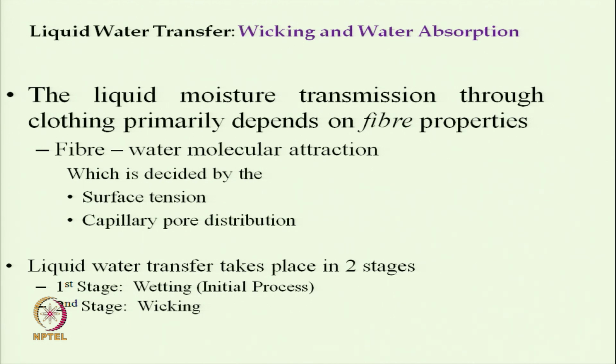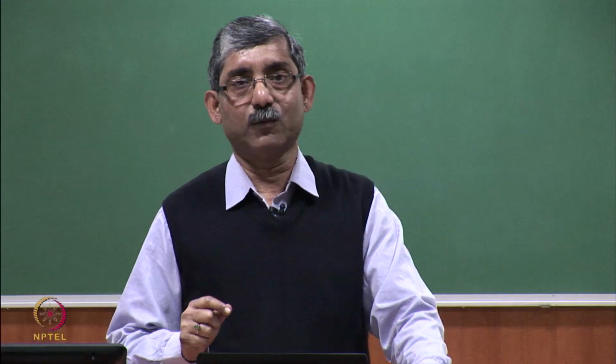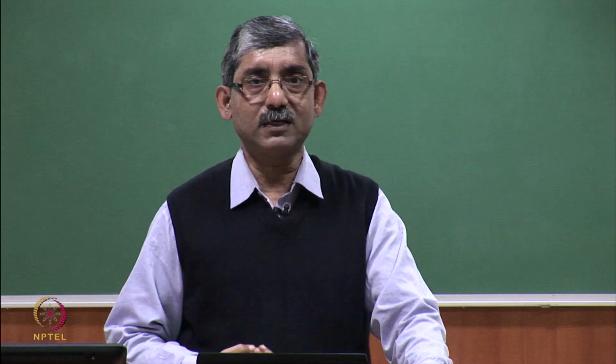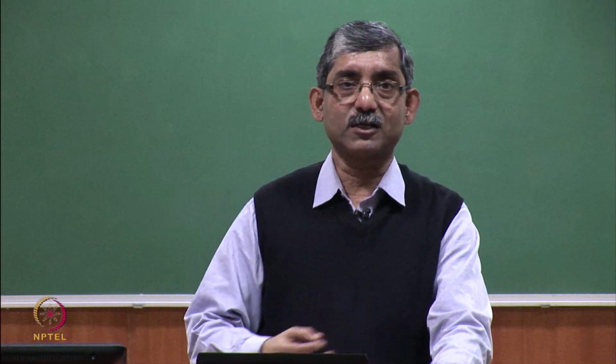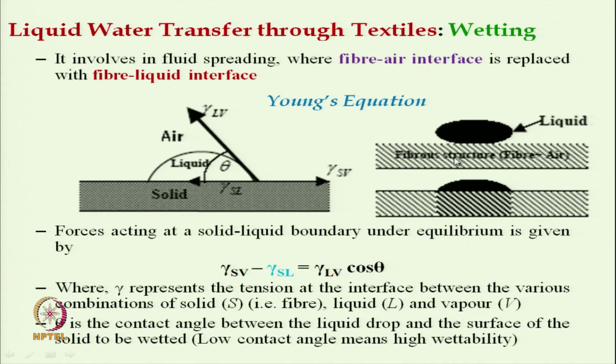So, for wicking to take place, first wetting has to be there, because due to the wetting phenomenon the liquid like sweat or water enters into the pores, and by wicking it gets transmitted from one place to another place by capillary pressure. Now, first let us discuss the wetting. The wetting of fibrous material means the fiber-air interface is getting replaced by the fiber-liquid interface.